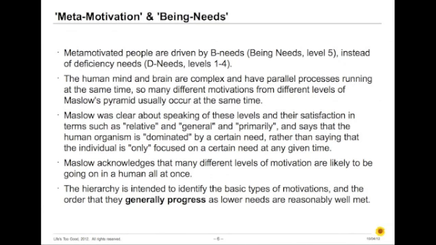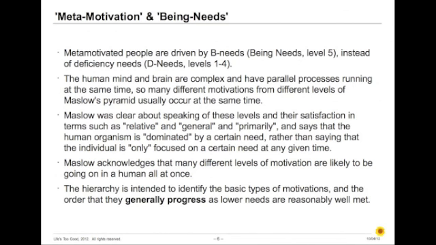Another point is that the human mind and brain are complex, and we have lots of things going on in our heads, in our mind, all at the same time. So in actual fact, in reality, there are many different motivations from very many different levels of Maslow's pyramid occurring at the same time.